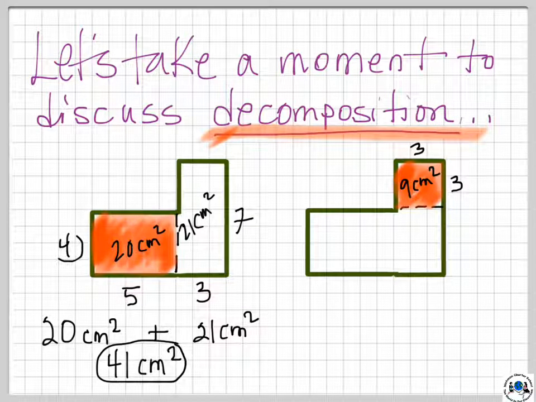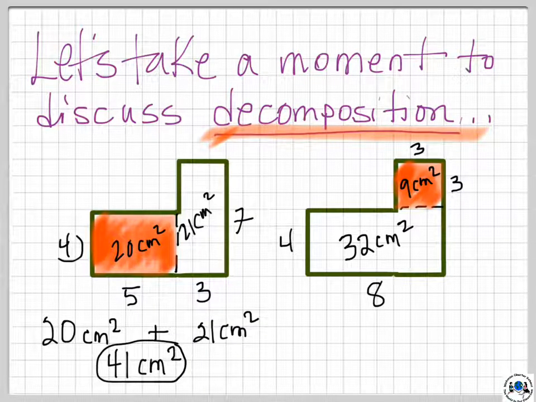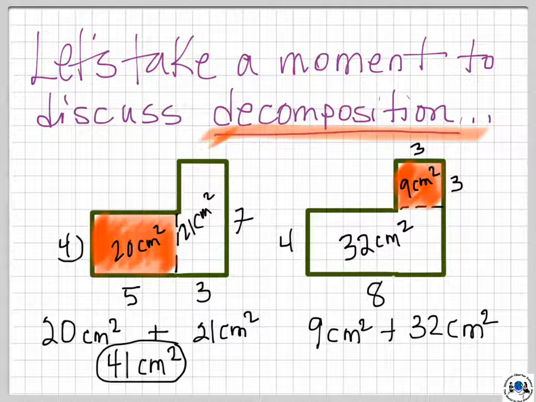Now I have a 1, 2, 3, 4, 1, 2, 3, 4, 5, 6, 7, 8. I now have a 4 by 8 rectangle. So that's going to give me a 32 centimeters squared rectangle. And if I add those two up, you notice I have the same answer, 41 centimeters squared.